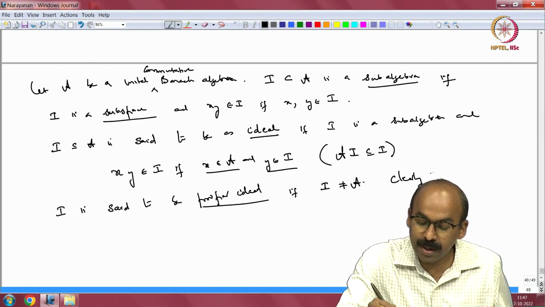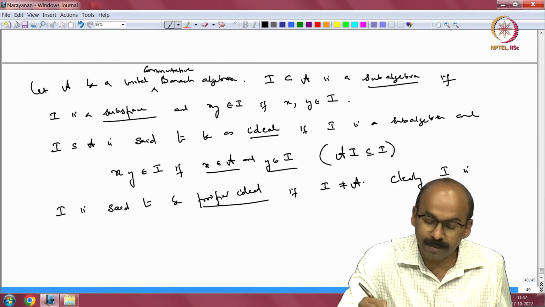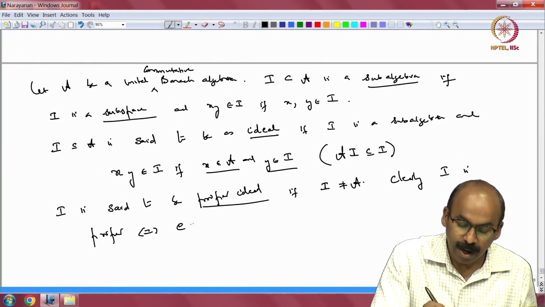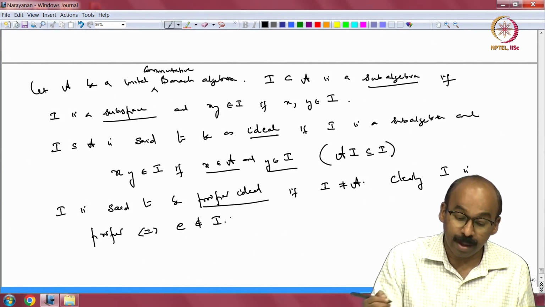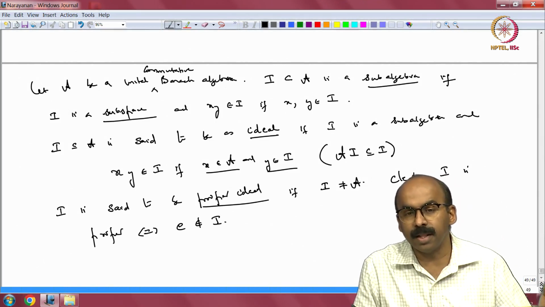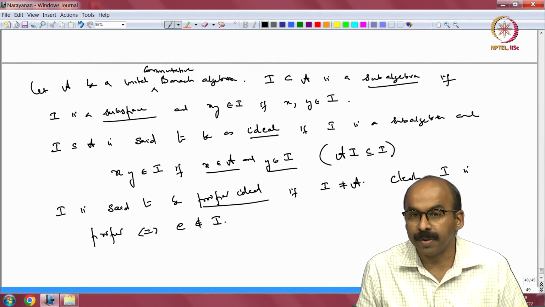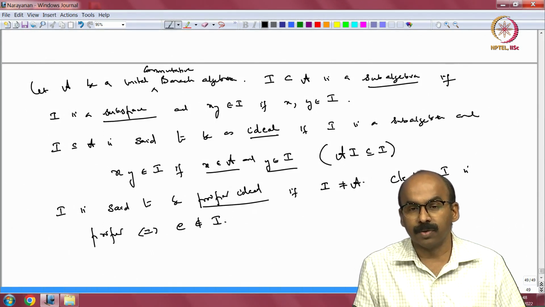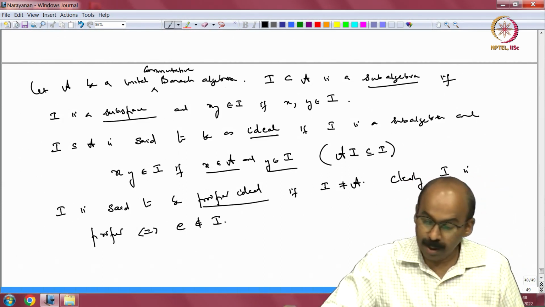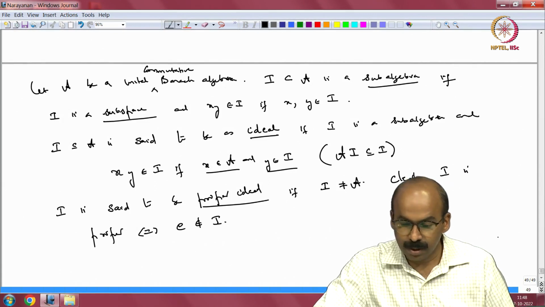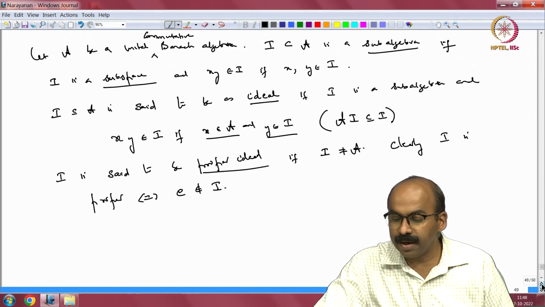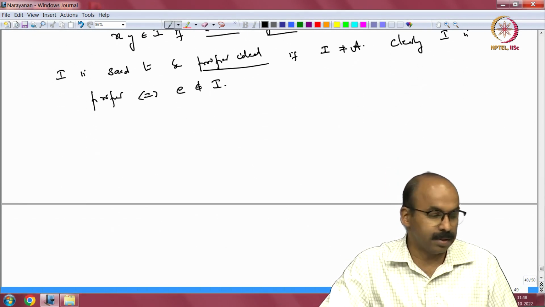It is easy to see I is proper if and only if identity is not in I, because if identity is in I and I is an ideal, I can multiply with anything in A, I will get everything in I. So, I will be equal to A, so I will not be proper, correct. Okay. If it is not commutative, you have to define the left ideal, right ideal, and so on, and then continue essentially the same way.